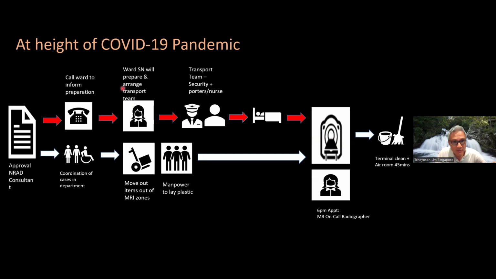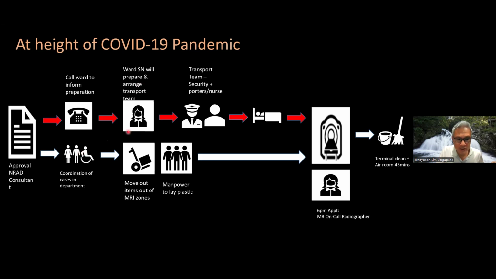At the height of the COVID-19 pandemic, approval for consultation and the appropriateness of requests is usually the prep that they have to make, between the communication of the referring clinical service and the radiologist.